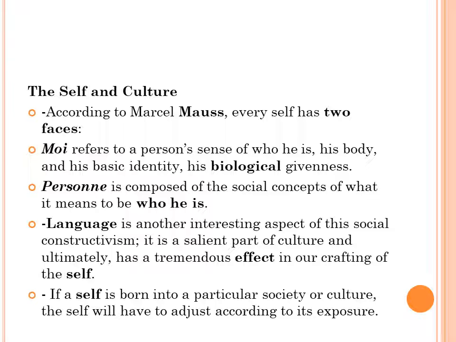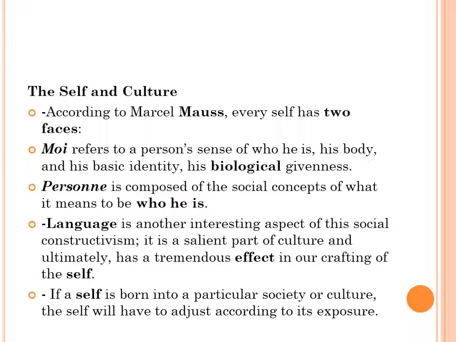So moi here only refers to the biological aspect of the self, the biological things that we can see on ourselves. We are short, we are tall. That's the sense of self. That's the first one. And then the second one is the person, which is composed of the social concepts of what it means to be who he is.